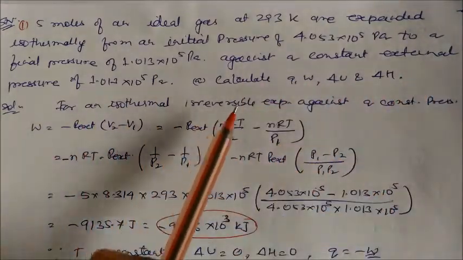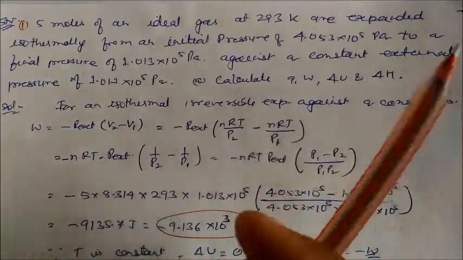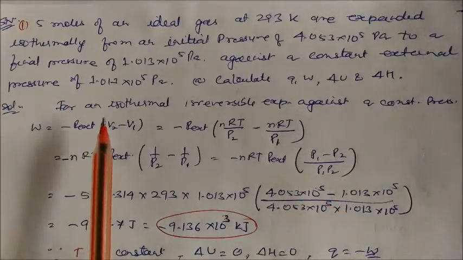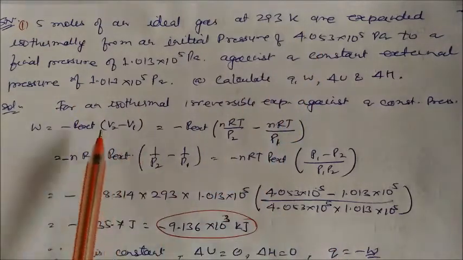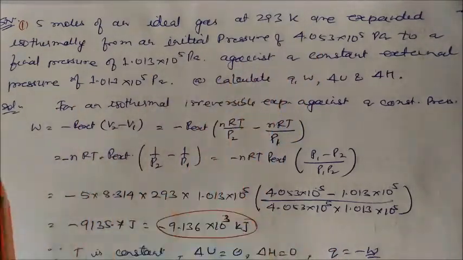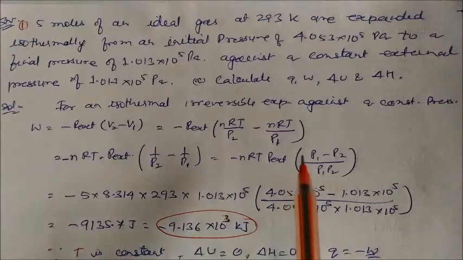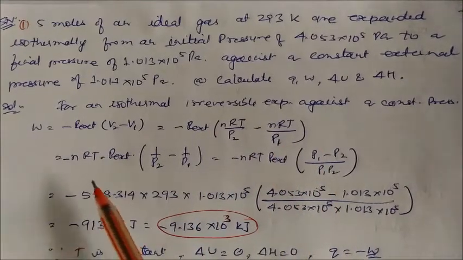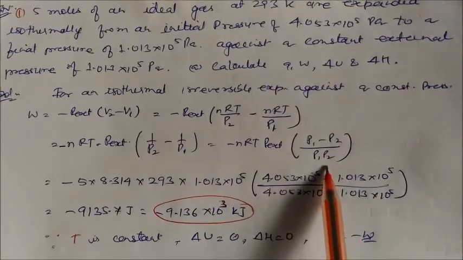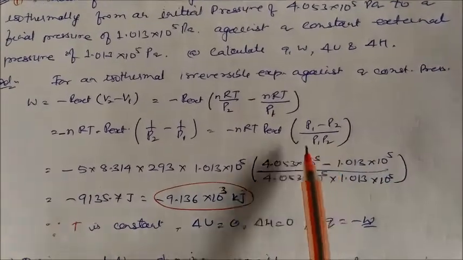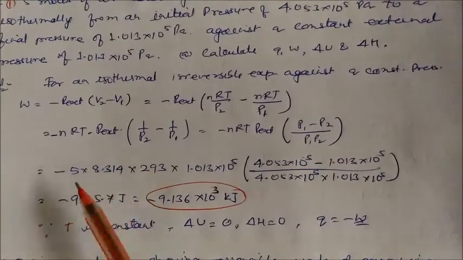For an isothermal irreversible expansion against a constant pressure, we have this formula. Since V2 and V1 are not given, and since this is an ideal gas, we can write nRT by P2 and nRT by P1. So the equation becomes nRT P external into (P1 minus P2) divided by P1 into P2. Now substitute all the values.